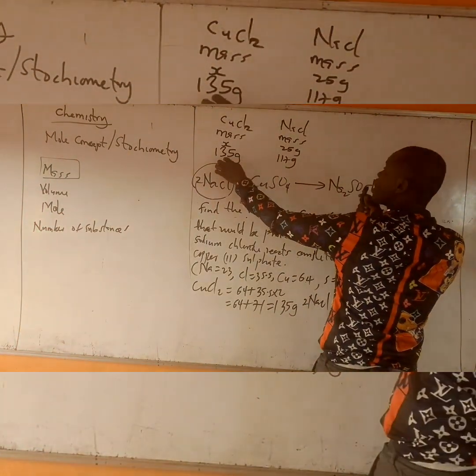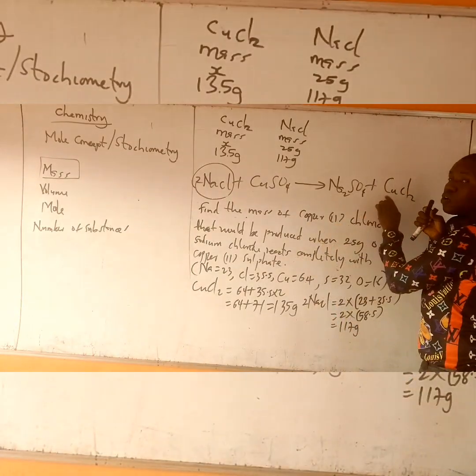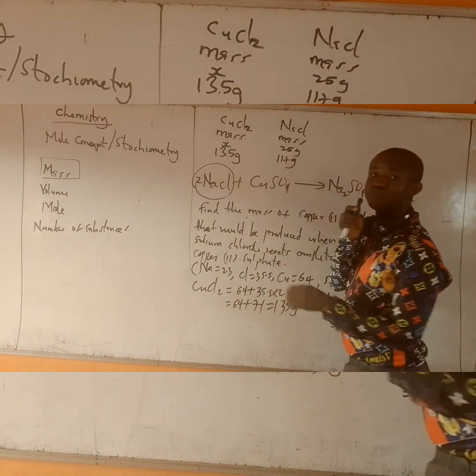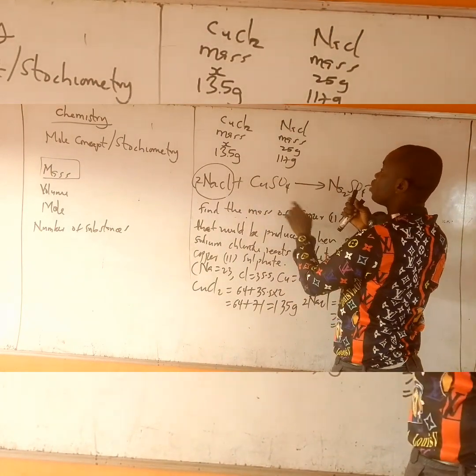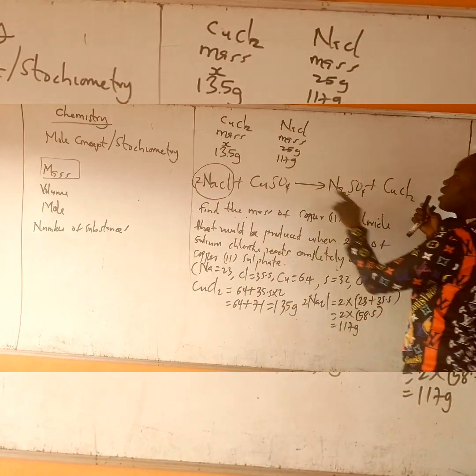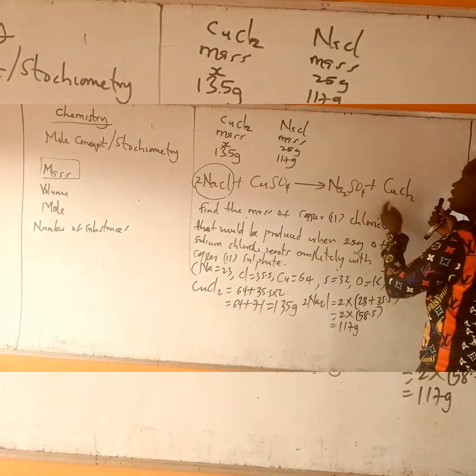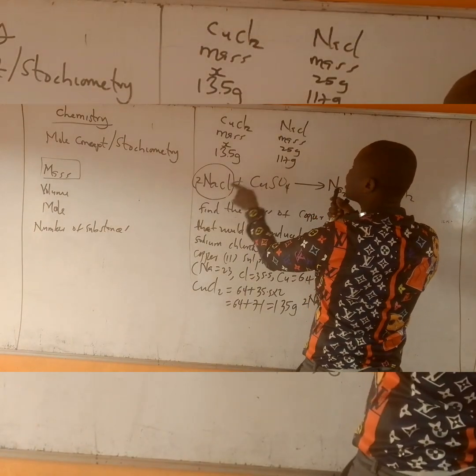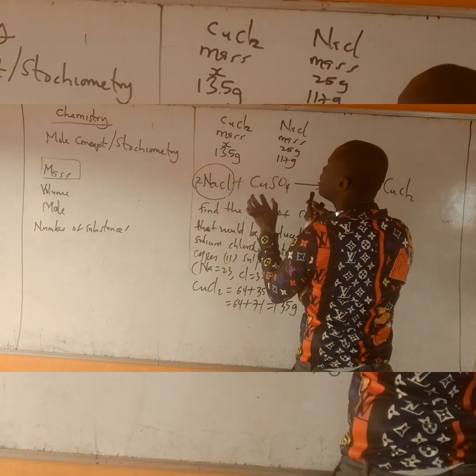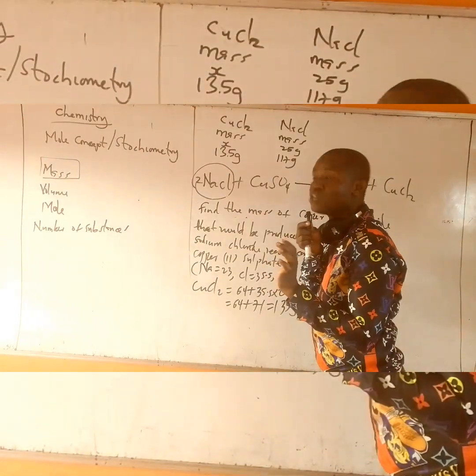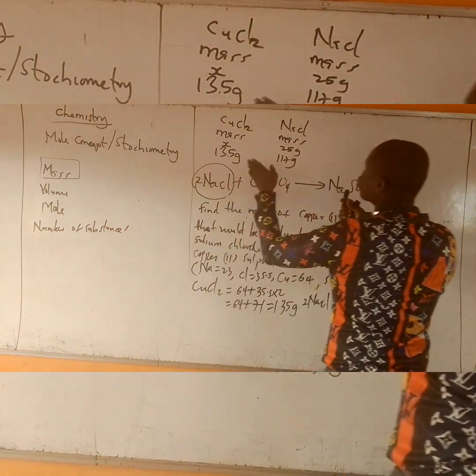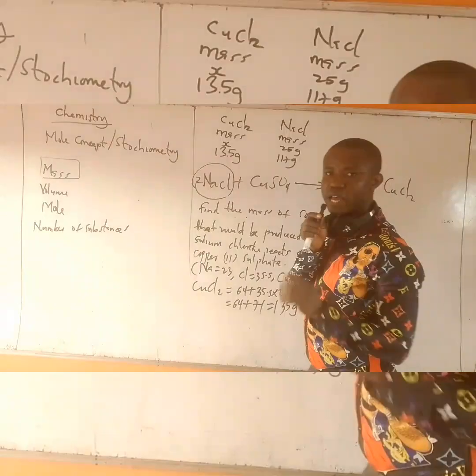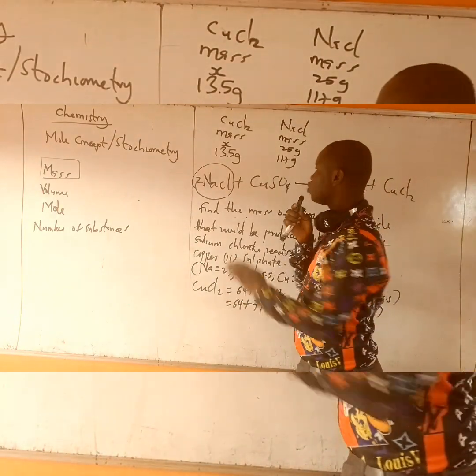If 135 gram of copper 2 chloride is produced when 117 gram of sodium chloride reacts completely with CuSO4, are you getting it? What will be the mass of copper 2 chloride that will be produced when 25 gram of NaCl reacts completely with CuSO4? Do you understand?